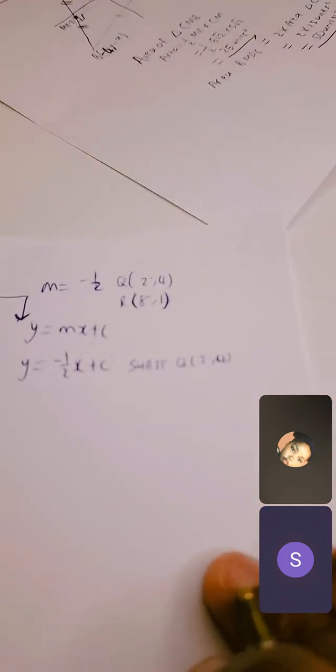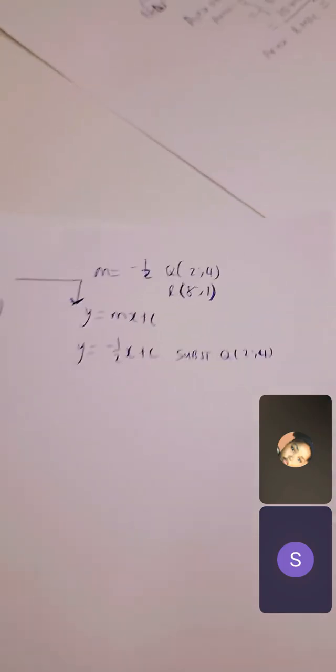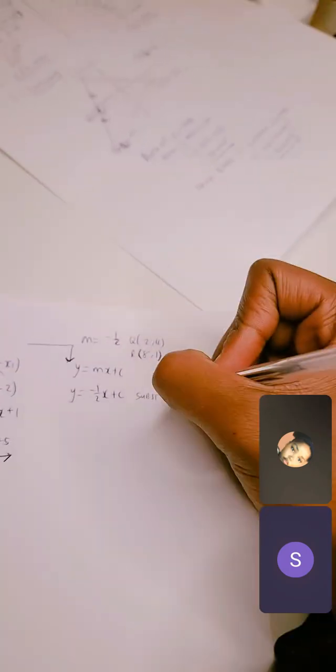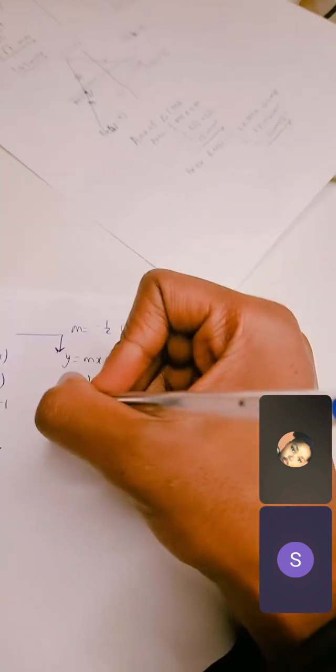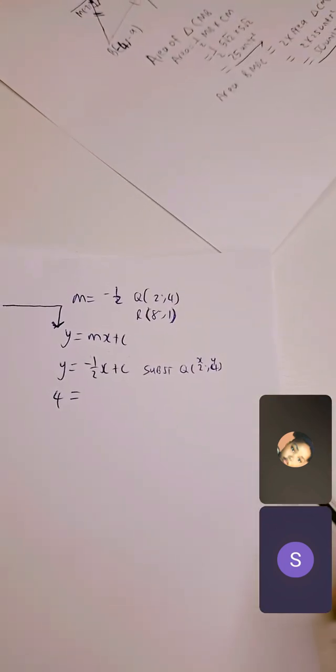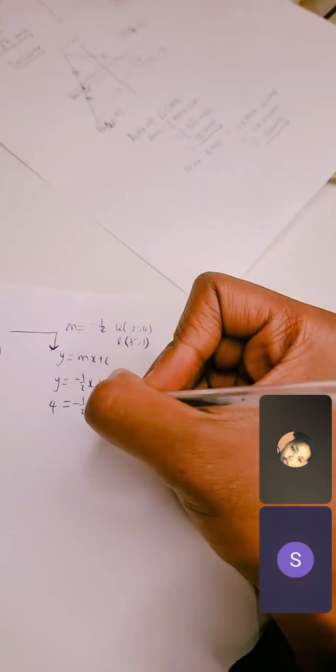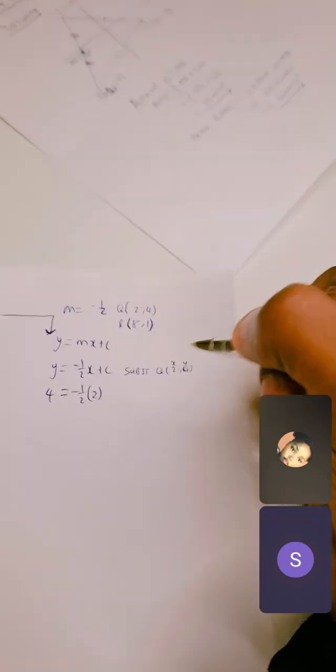Then I'll put 4 in the place of y. So this is my x and my y. I'm going to put 4 in the place of y, as you said. Then 4 equals -1/2 bracket the 2, plus c, so we can get c.